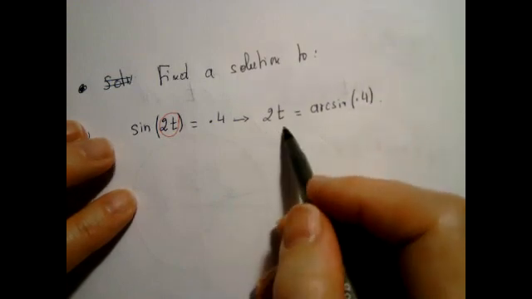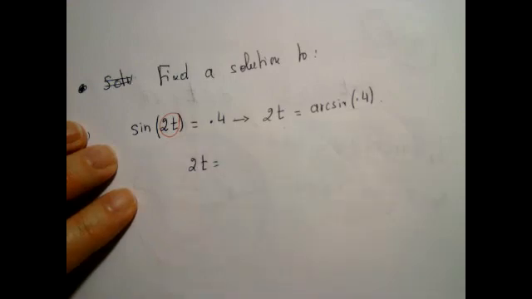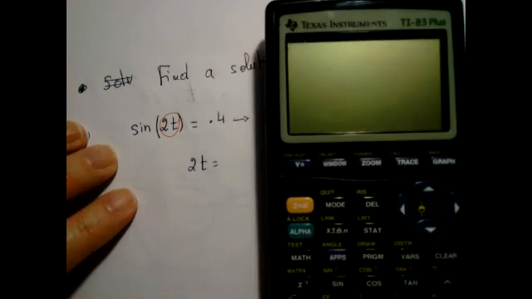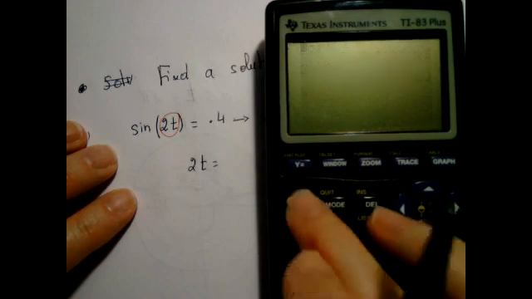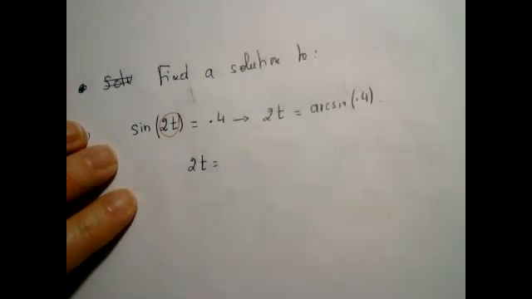So now I'm going to get 2t equal arc sine 0.4. Since I am in radian, I'm going to state it in radian. So arc sine 0.4 is going to give me 0.411.